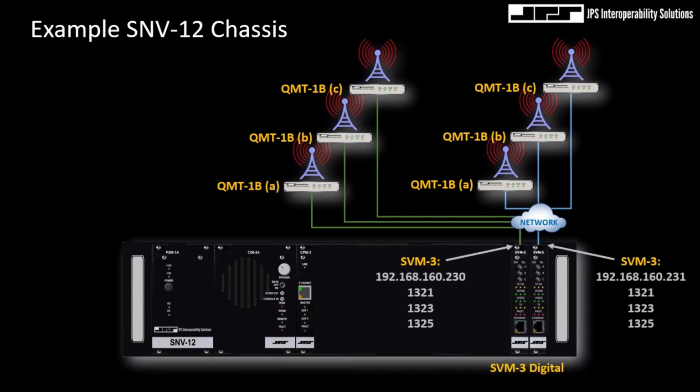And because we use the client-server association model, just like a lot of our other products, we can provision each QMT module to accurately direct its receive audio ROIP data to only one specific SVM3 module. And even with a chassis fully populated with SVM3 modules, each QMT1B modem knows explicitly to send its ROIP only to a specific SVM3 module using one specific port.